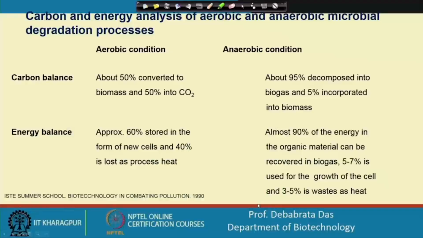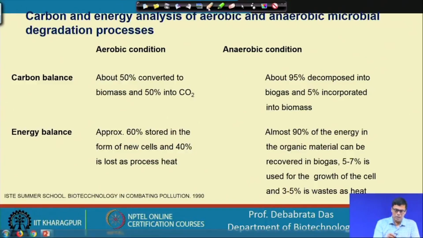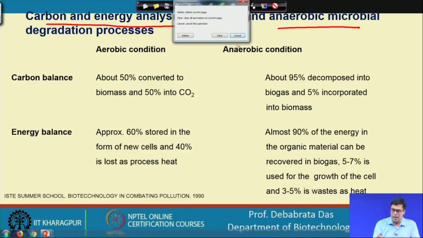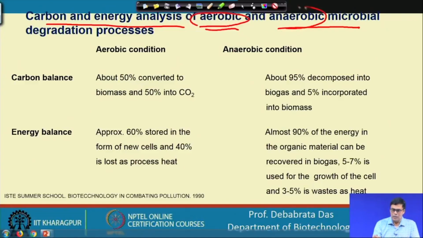Today I am going to share how this process is in operation in the industry. First, I want to give you information on the carbon and energy analysis of the aerobic and anaerobic processes, because we have two types of processes. One is the aerobic digestion process, another is the anaerobic microbial degradation process.